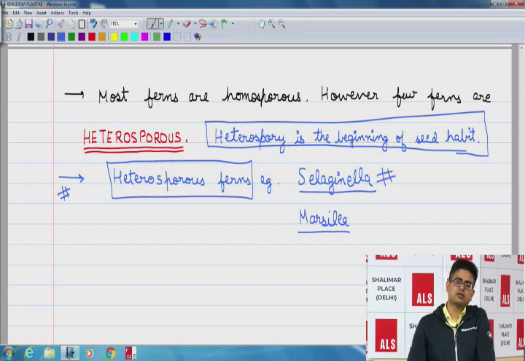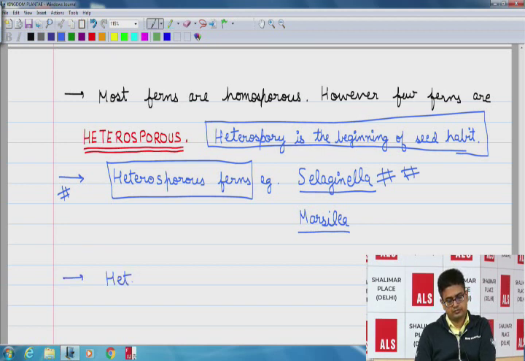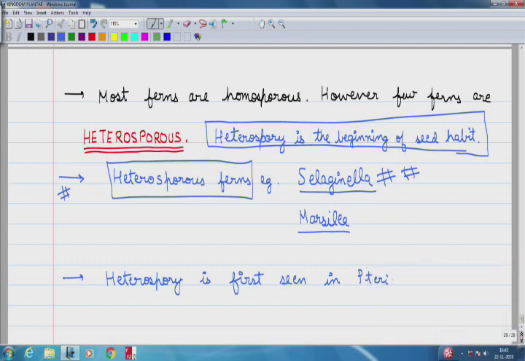Selaginella is very important. Marsilia you can leave. If you don't want to remember, it's okay. But don't forget Selaginella. Heterospory is first seen in pteridophyte, in Selaginella or Marsilia. We cannot call all ferns heterosporous, one or two only.